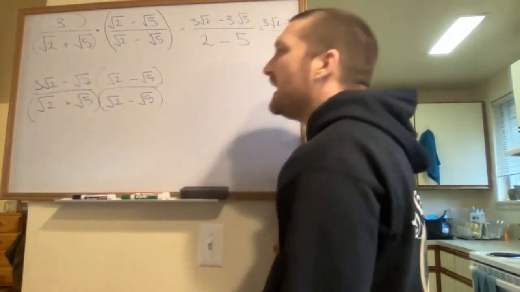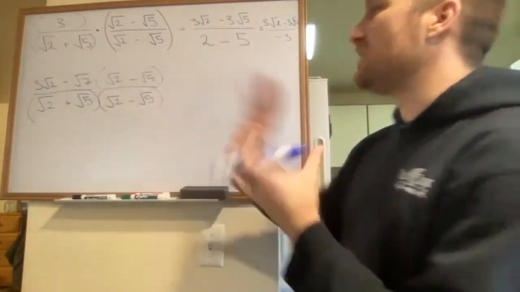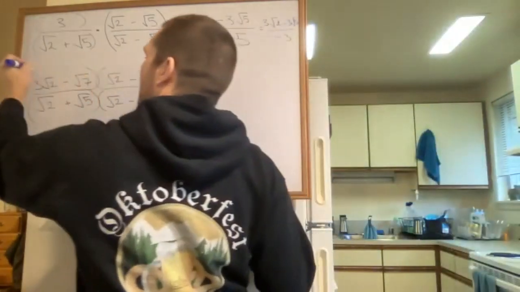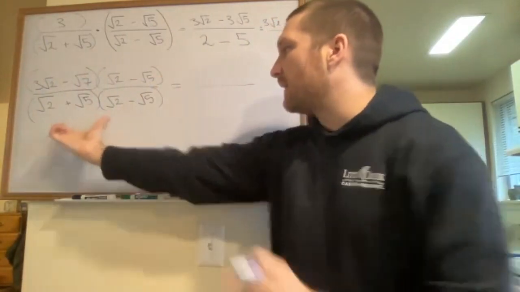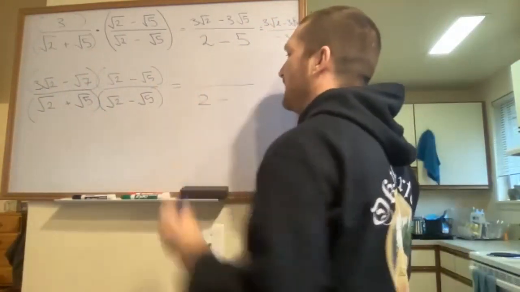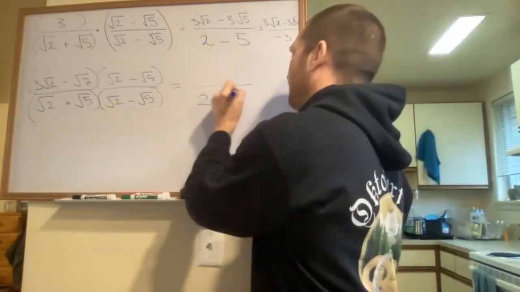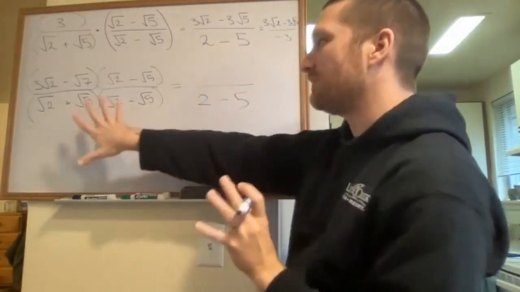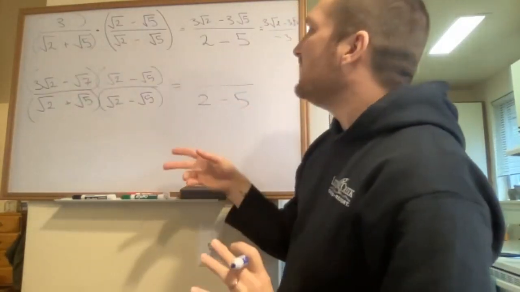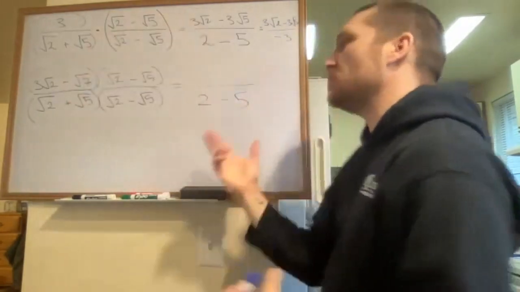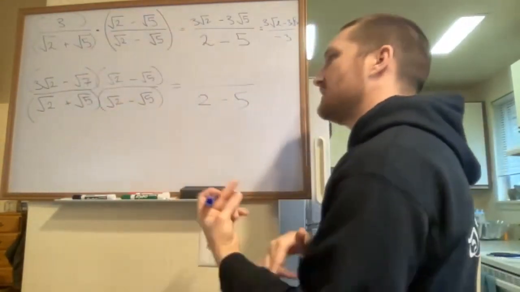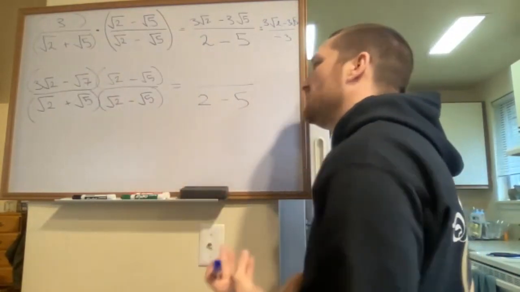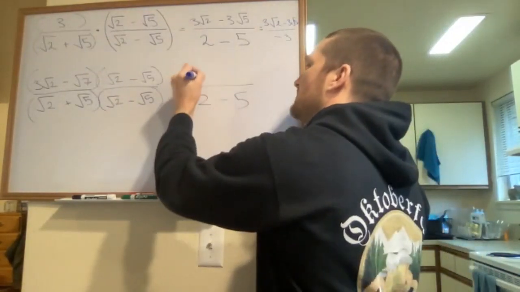And then it's not as simple, right? I'm just going to go ahead and plug along. We know that the bottom comes out to 2 minus 5. Don't really need to use my brain. That's what conjugates do. The top, now we kind of have to use our brains and go first, outer, inner, last, and all that stuff. First gives me 3 times root 2 times root 2, which is 3 times 2.